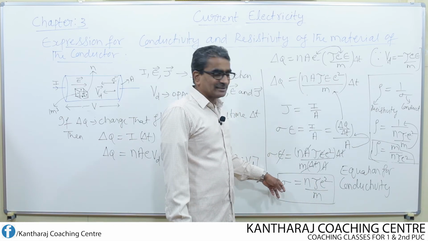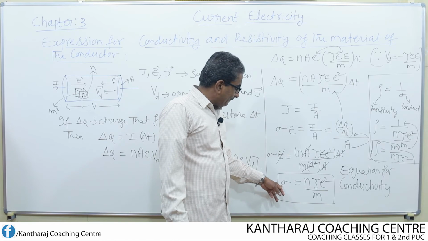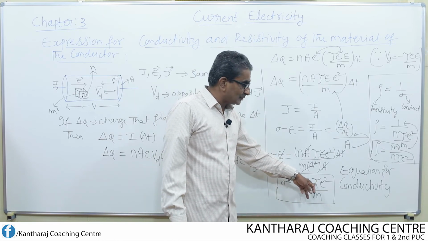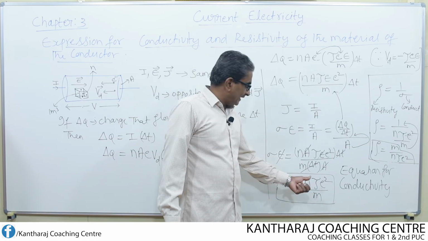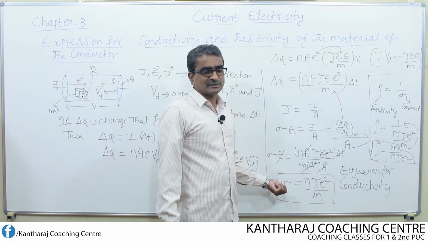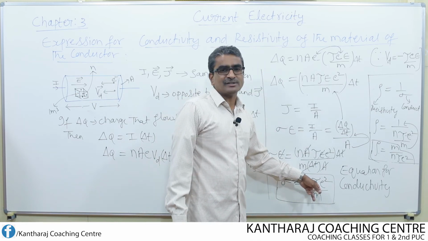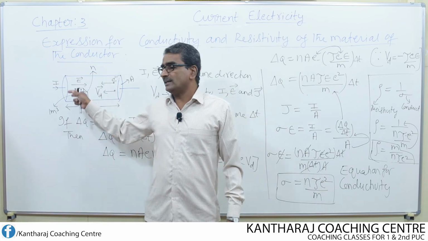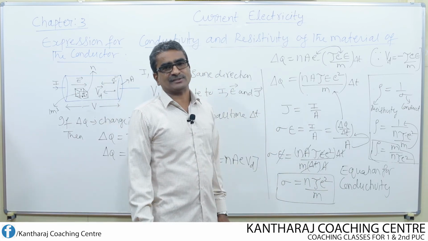So therefore I can say that conductivity depends on the number density of electron and also the relaxation time. If n and tau change, then conductivity changes. How can n and tau change? N and tau can change if the temperature of the conductor changes.